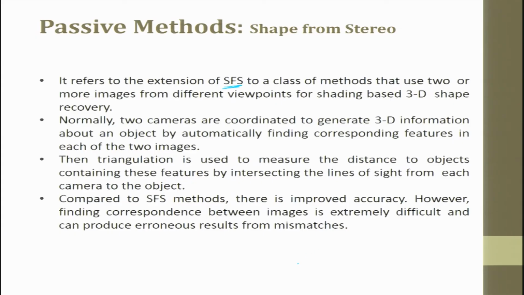Then triangulation is used to measure the distance to objects containing these features by intersecting the line of sight from each camera to the object. Compared to SFS methods, there is improved accuracy. However, finding correspondence between images is extremely difficult and can produce erroneous results from mismatches.